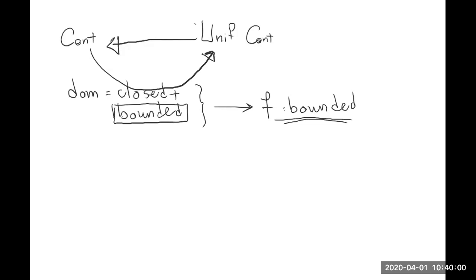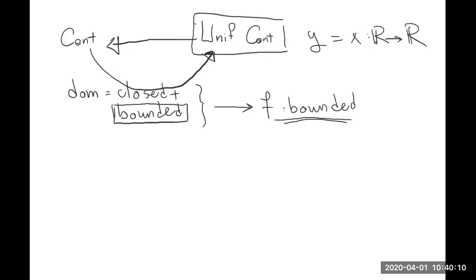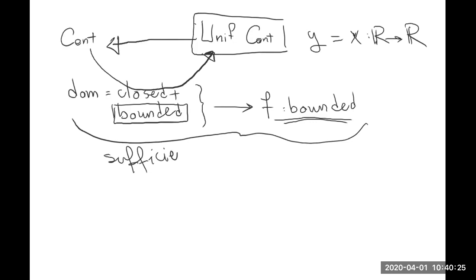A function can be uniformly continuous, but not bounded. For example, y equals x as a function from R to R. It is uniformly continuous, but of course it's not bounded, and there is nothing wrong with that. So this condition is sufficient, but as this example shows, not necessary.